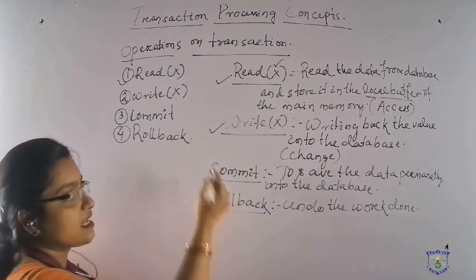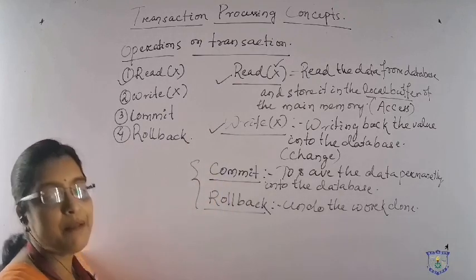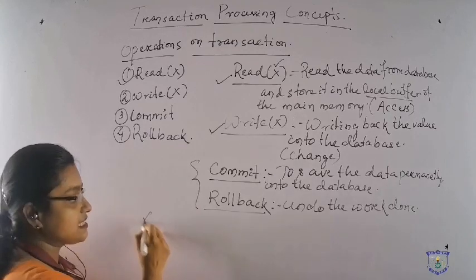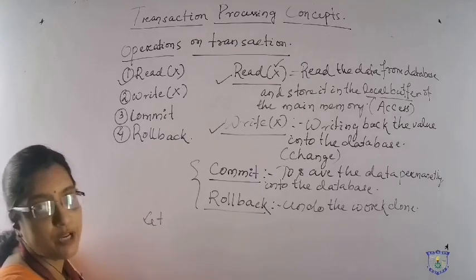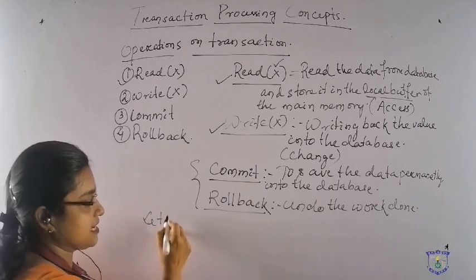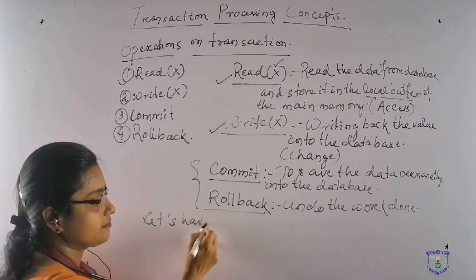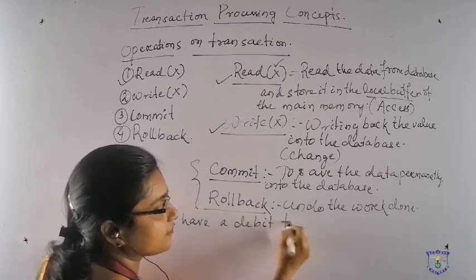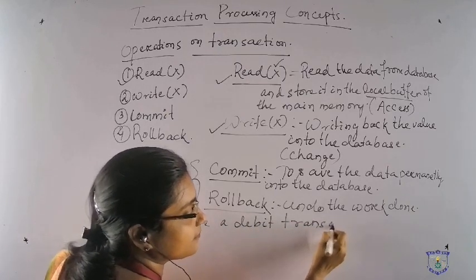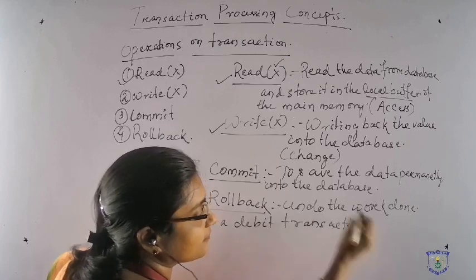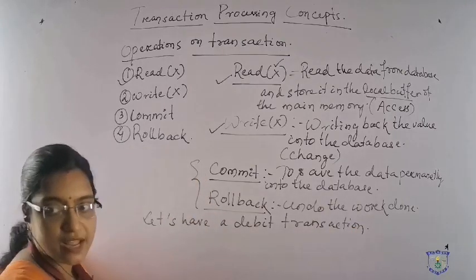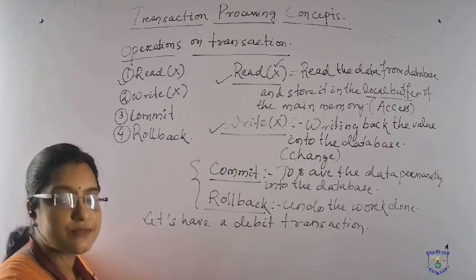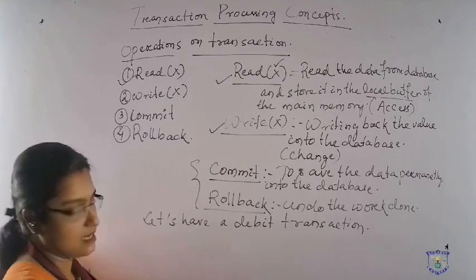So these things, commit and rollback, can be better explained with the help of an example. Let's start with the example of a debit transaction. In the debit transaction, generally we face three different operations.